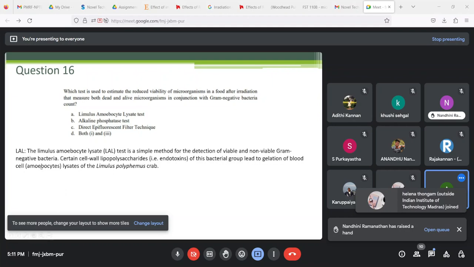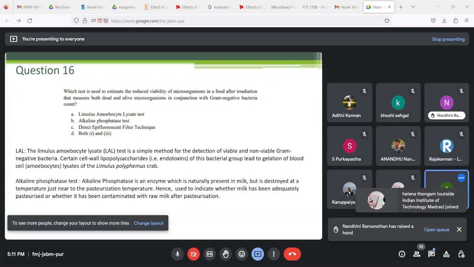So according to the amount of gelation present in your sample, you can figure out semi-quantitatively how much gram-negative bacteria was present inside the food. So more the gelation, more the gram-negative bacteria, because it had more LPS. So that is how the LAL test is done. So the LAL test will give you an idea of how much gram-negative bacteria was present.